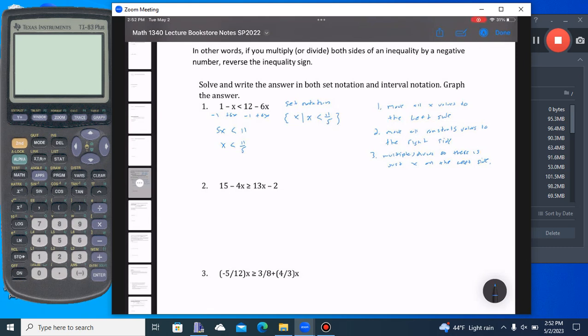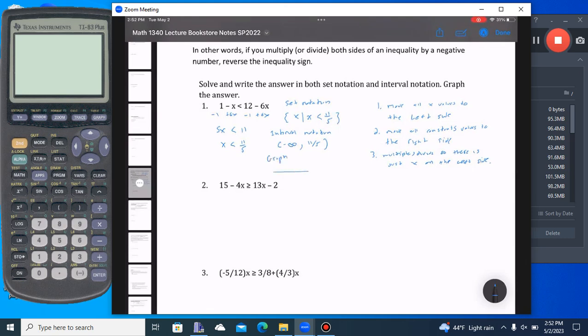The other way of doing this is interval notation. We have negative infinity, which is always a parenthesis, up to 11 over 5, and 11 over 5 is not included since it's just a less than sign, so we have another parenthesis. And then graphing.